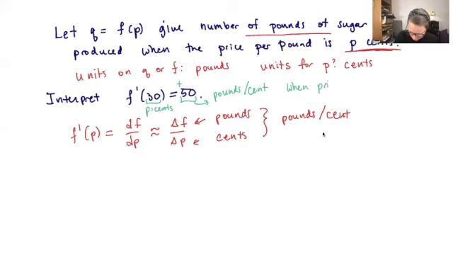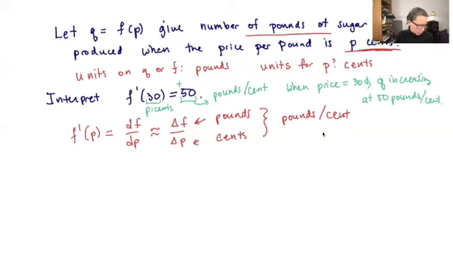So we could say Q is increasing at 50 pounds per cent.